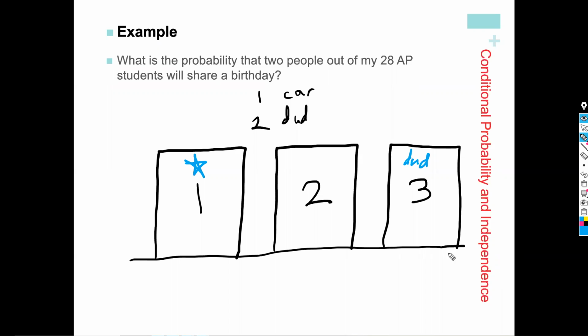And they say to you, you can stick with your original choice, or you can change to door number 2. So that's the premise and the idea. And the probability that we're finding is the probability that we win if we switch choices.